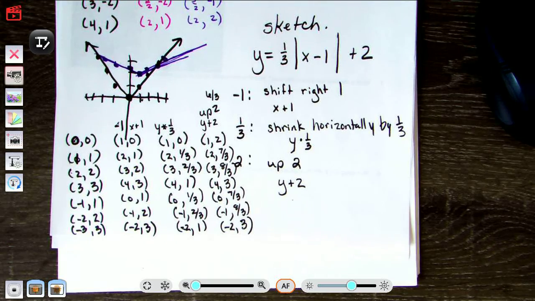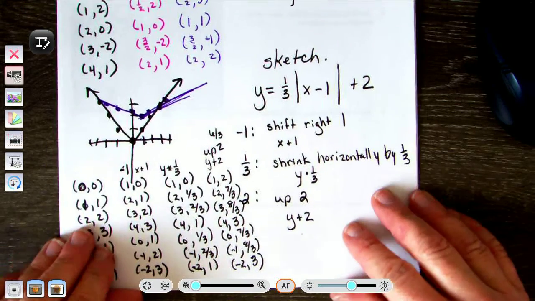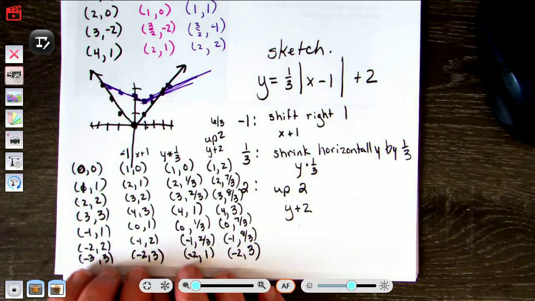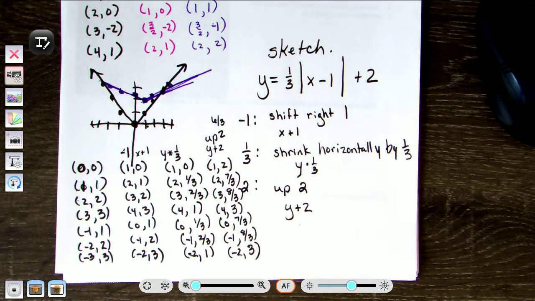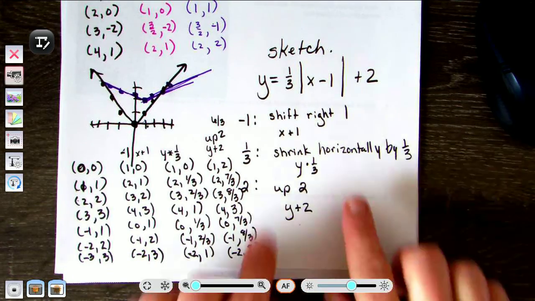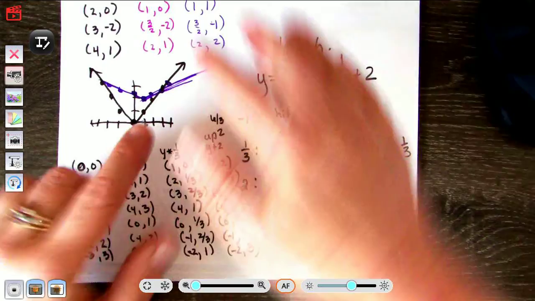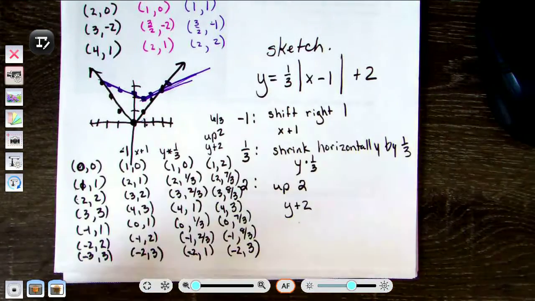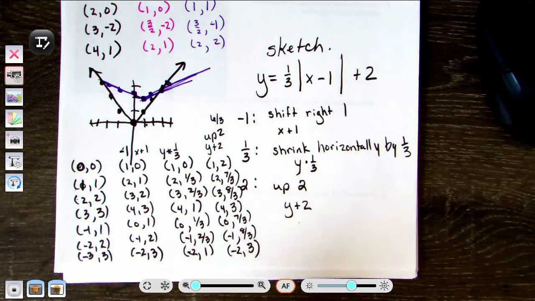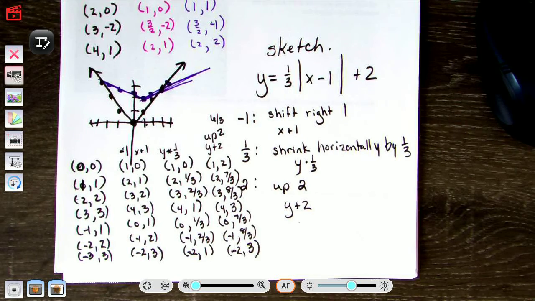So there are a couple more examples of some transformations. Hopefully doing these points idea helps. Some people will still shift it 1, smush it down, and draw 3 separate pictures, and that works fine too. Whatever method works best for you.